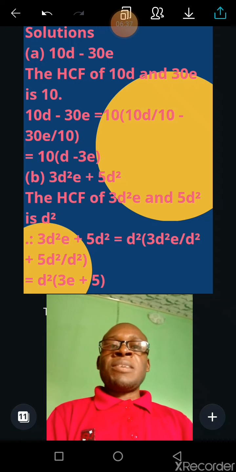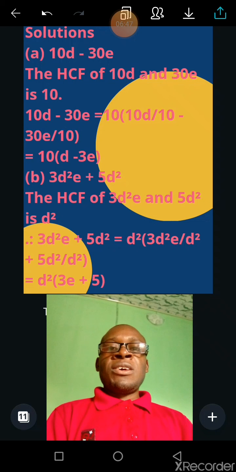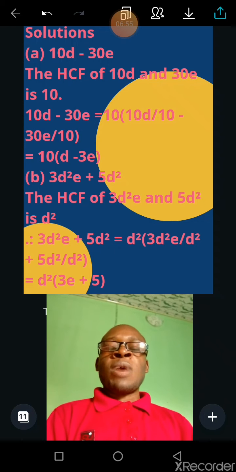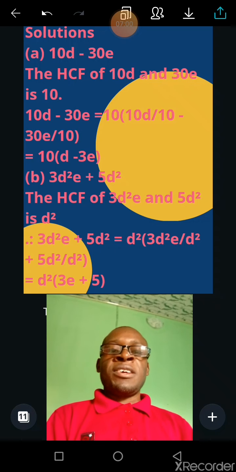Let's go. 10d minus 30e equals 10, that 10 will come outside the bracket, open: 10d divided by 10 minus 30e divided by 10. You close the bracket. 10d divided by 10 will give you d, while 30e divided by 10 will give you 3e. That's what we have. Equals 10, bracket open, d minus 3e, bracket close.